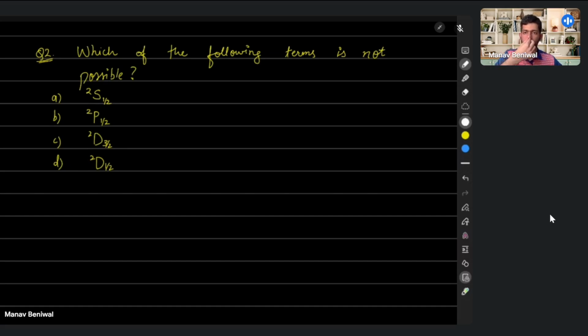So this is the problem. We are given several spectroscopic terms, and what we are asked is which of these is not possible.